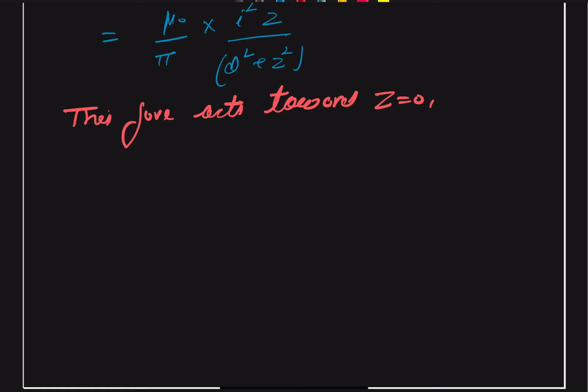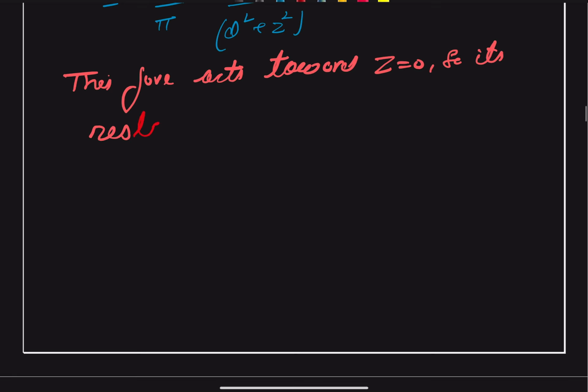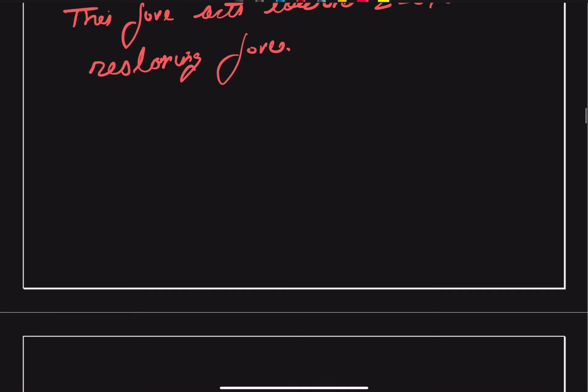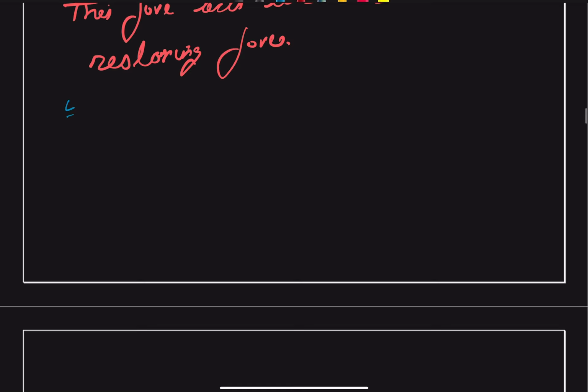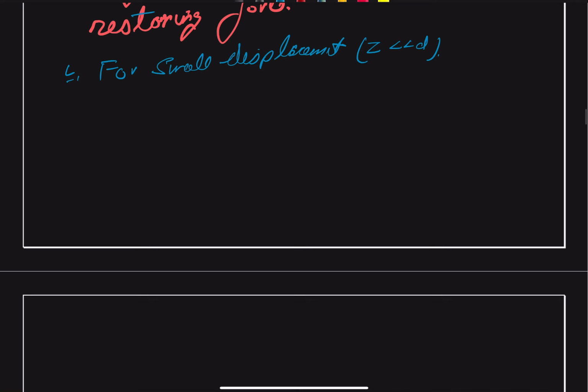So it's a restoring force. And it is said that displacement is very small. So we can say for small displacement, z is very much less than d, so d square plus z square is approximately equal to d square.